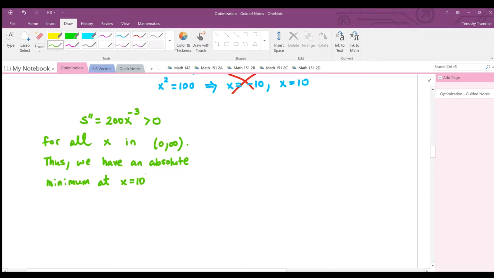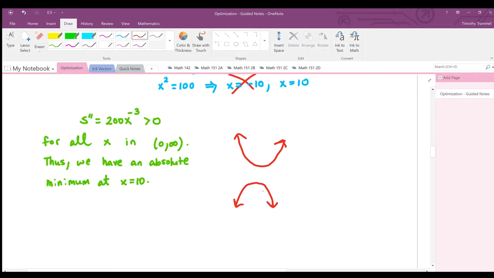Now, the last thing that I want to say here is that, yes, this is not exactly the same thing as our second derivative test, but it's using the same concepts. And so what's going to happen in all the problems that we're going to do in this section is either the concavity will be always concave up or always concave down on some open interval.